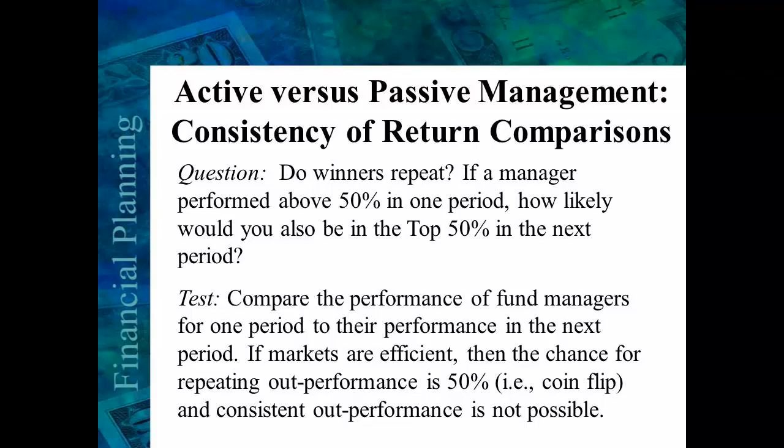If a manager performed above 50% in one period, how likely would you also be in the top 50% in the next period? The test: compare the performance of fund managers for one period to their performance in the next period. If markets are efficient, then the chance for repeating outperformance is 50%, i.e. a coin flip. And consistent outperformance is not possible.